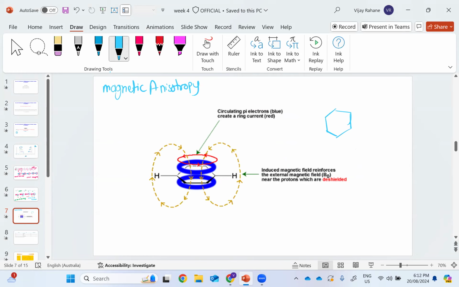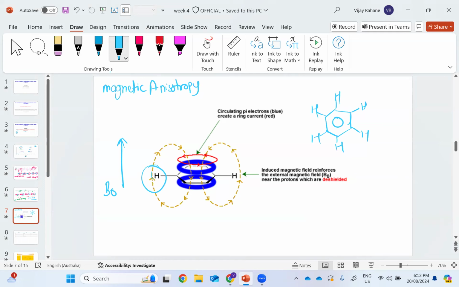And to this phenyl ring there are hydrogens attached. So when you apply the magnetic field here in the NMR, the direction of the magnetic field will be in this manner, right? So what happened? The ring current is generated in this manner, and these hydrogens experience more deshielding effect.